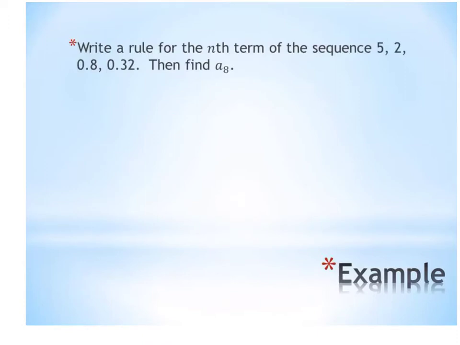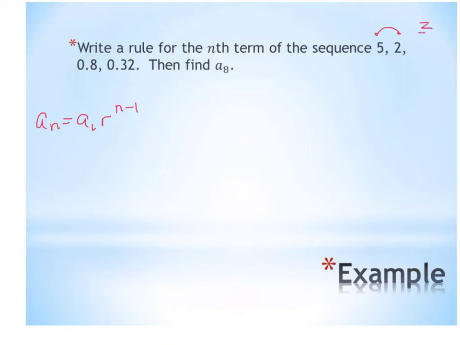Next thing we want to do is write a rule for the nth term of the sequence. Let's remember that a sub n equals a sub 1 r to the n minus 1. In our rule, we need to put in a sub 1 and we need to put in r. So r is what you're going to get by doing a term over the previous term.